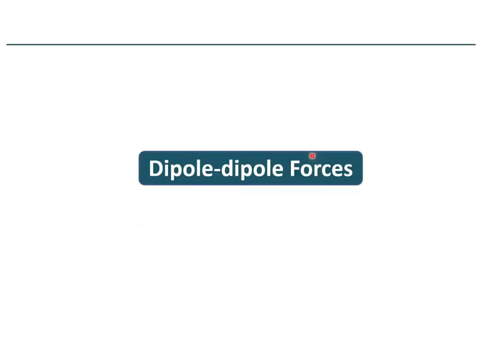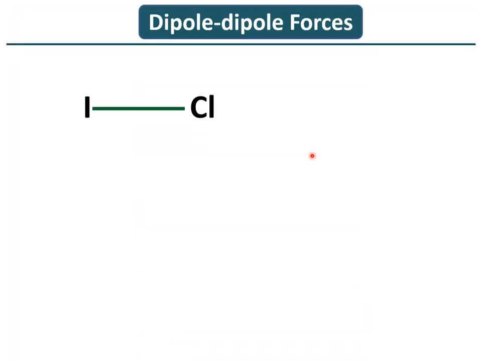This is a molecule of iodine chloride, ICl. The attraction is between the iodine and the chlorine. What is the type of this bond? Is it intermolecular or intramolecular?